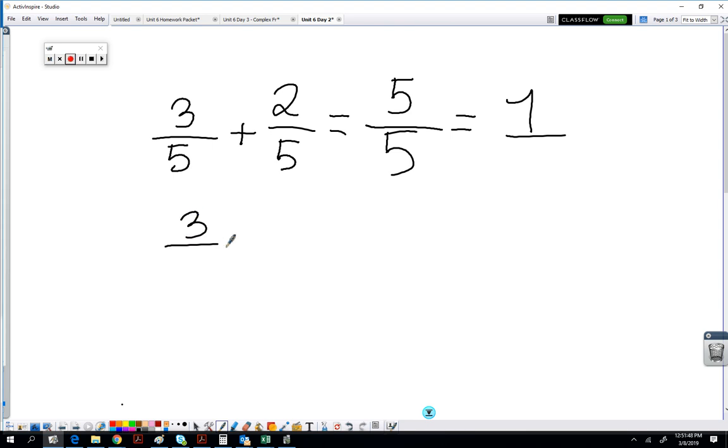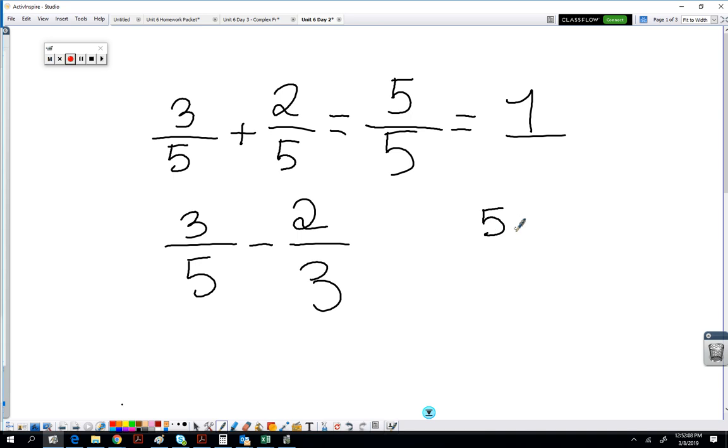So now if we were given a different fraction, now you would have to find your LCD. We can't just straight up add or subtract. You're going to find your least common denominator or least common multiple. So you can think about all the ways to get what you can multiply to 5.